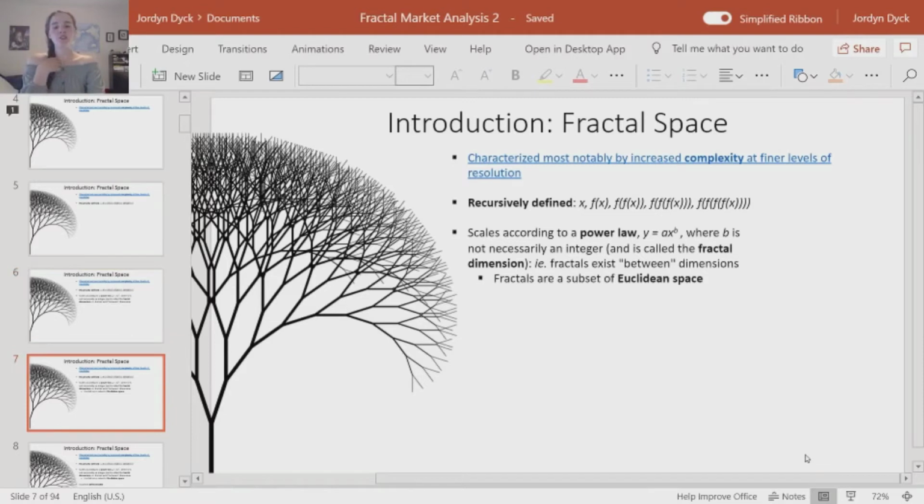This means that fractals are a subset of Euclidean space, and we will talk about what Euclidean space is. I just think this fact makes it more concrete that fractals exist where we exist. There's not some other esoteric space defined for fractals. They're where we are.